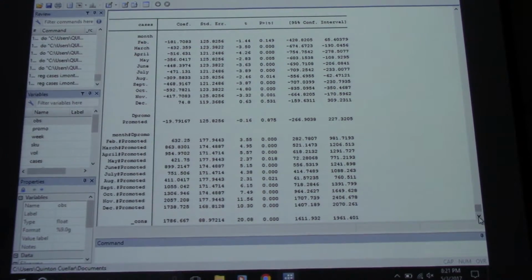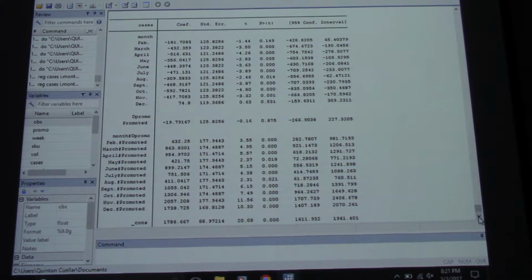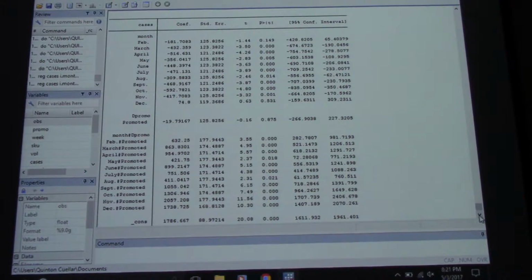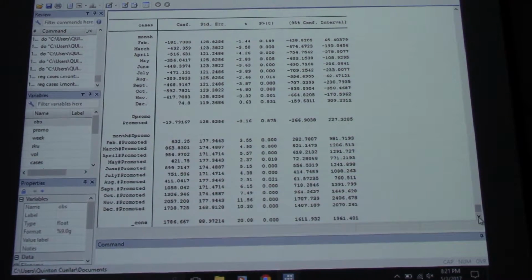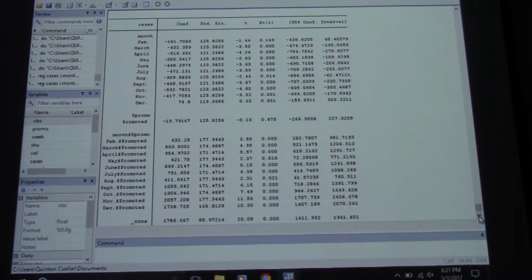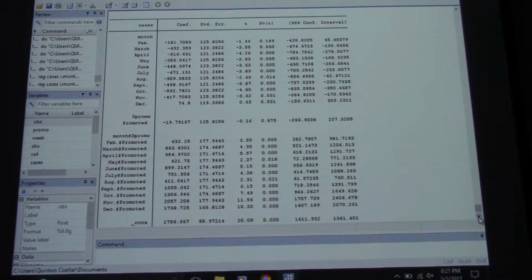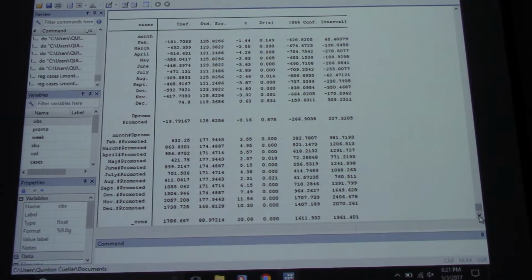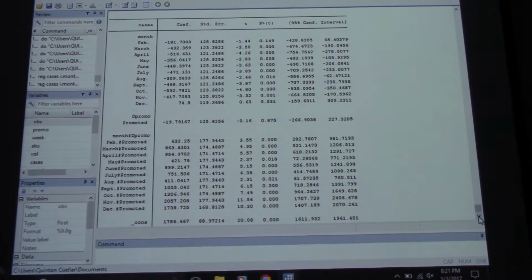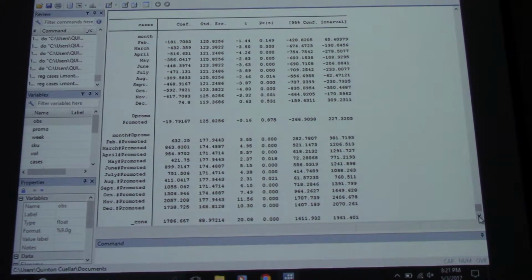Remember that sales in January for promoted were actually less than non-promoted sales in January, and that's what that negative 19 is. So here's the single dummy for promotion, and the rest of them are the differences by each month.